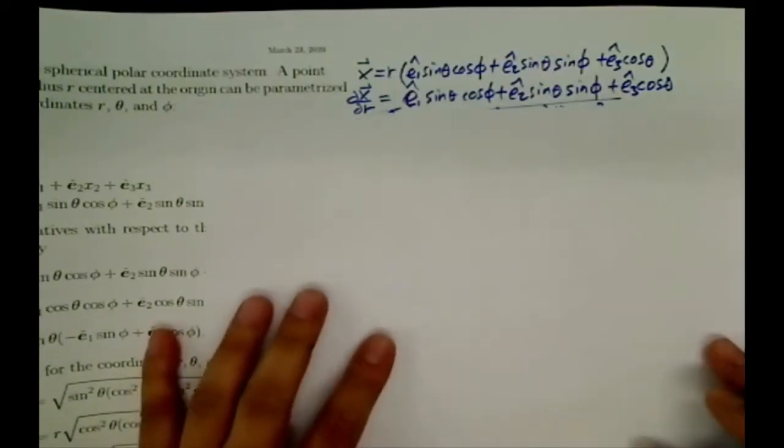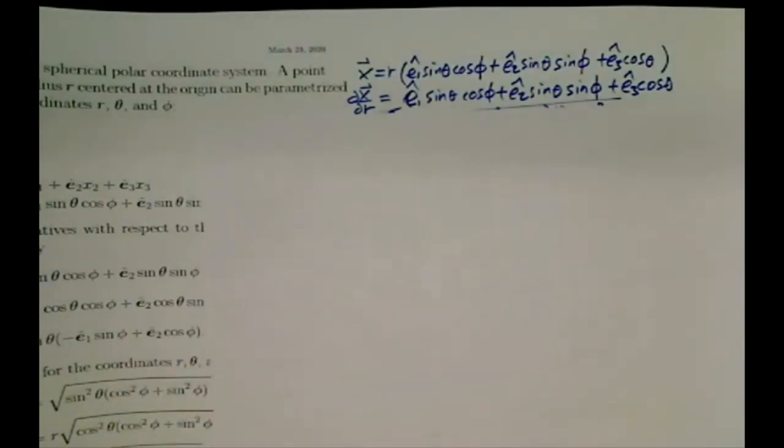If we want to find the unit radial vector and scale factor, first of all, we take the partial derivative of the position vector with respect to the radius, the first curvilinear coordinate. If I take the derivative, the overall factor r disappears, and the remaining piece is kept.